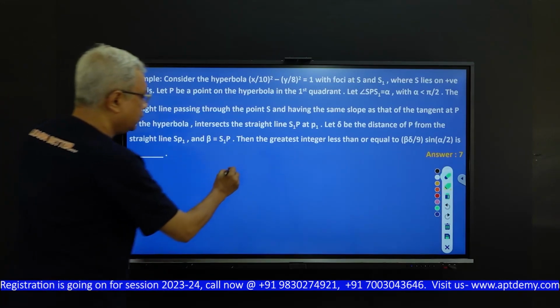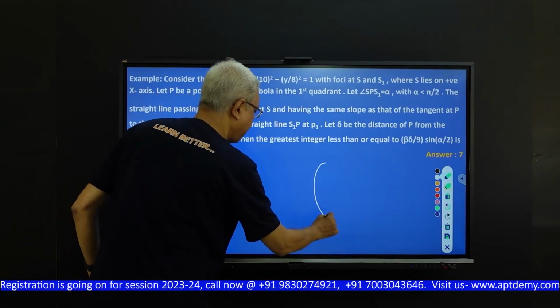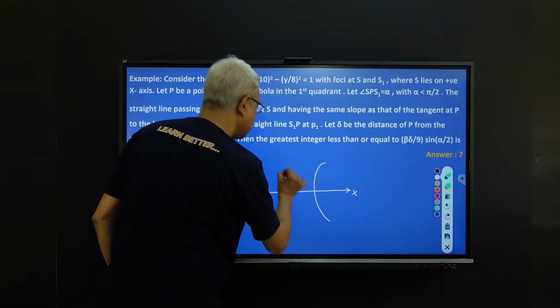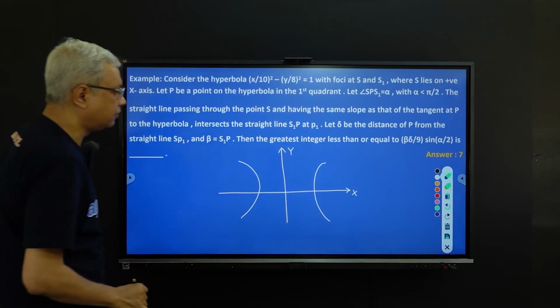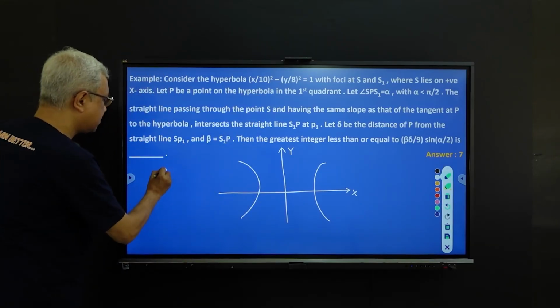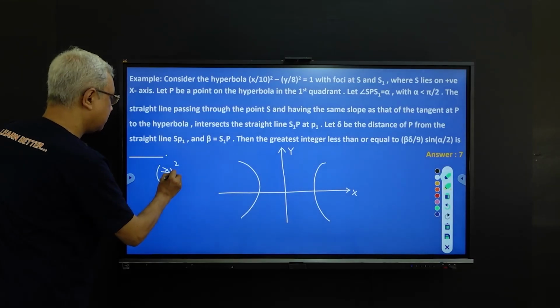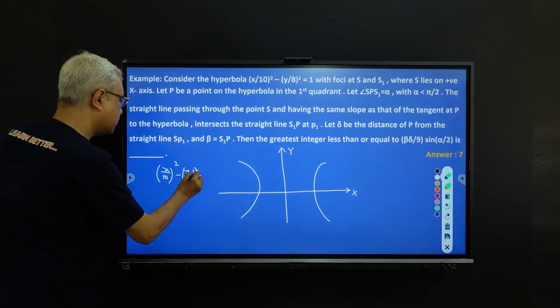So, we have a hyperbola like this. This is the x-axis, this is the y-axis, and the equation is (x/10)^2 minus (y/8)^2 equal to 1.